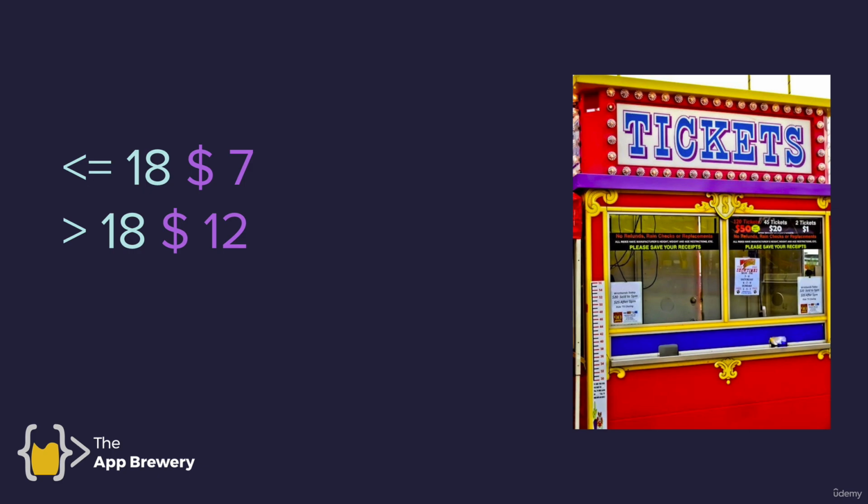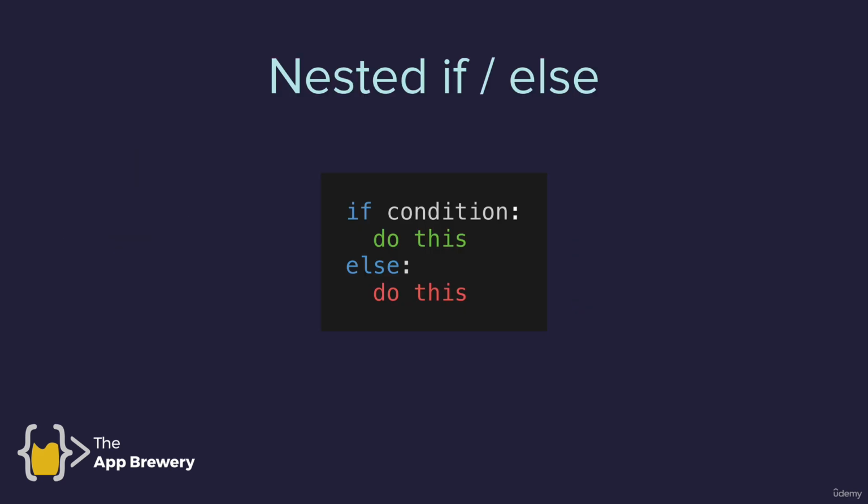If somebody is over 18 years old, then they should be paying the adult price, which is, let's say, $12. But if they are 18 or under, then they should only be paying $7. So how can we represent this extra condition that we need to check for in our code? Well, we could use something called a nested if-else statement.